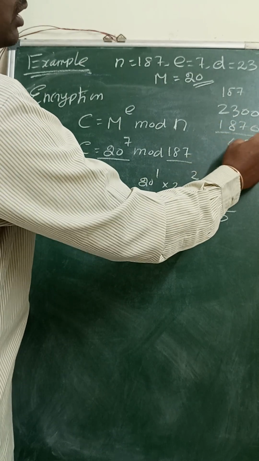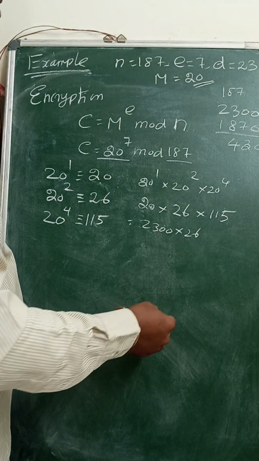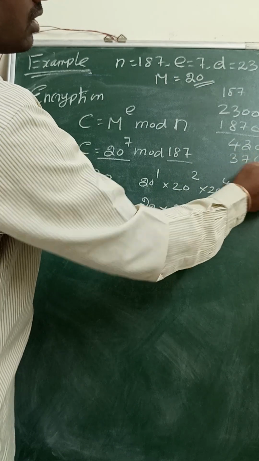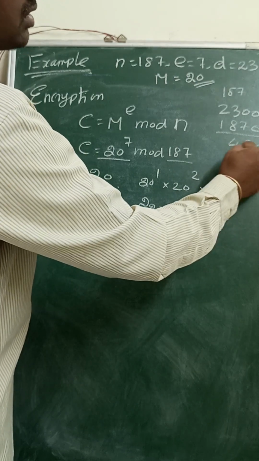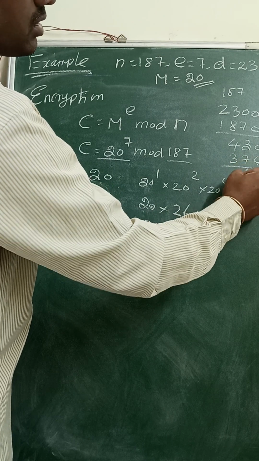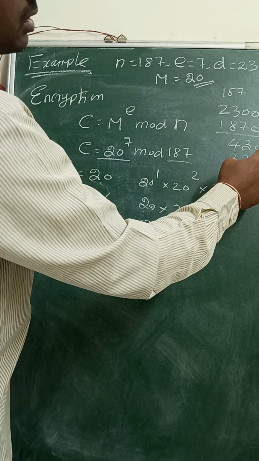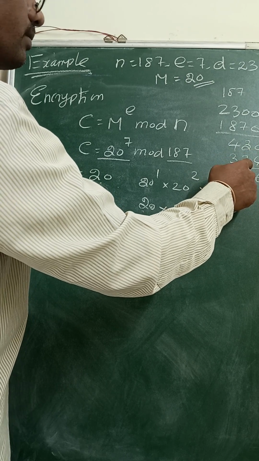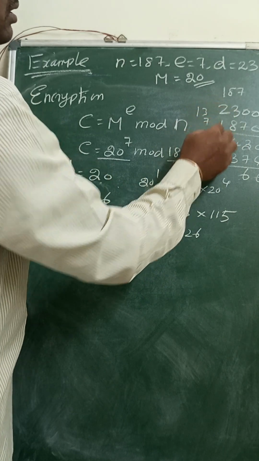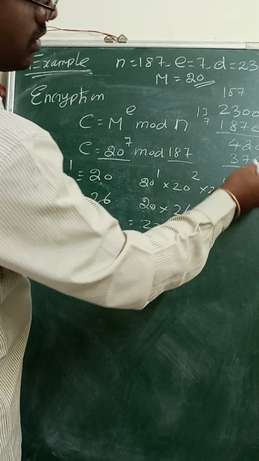Remainder number substituting here, we got 430s. We'll make 374 into this 434 minus 2 times 374. We have to subtract that one.